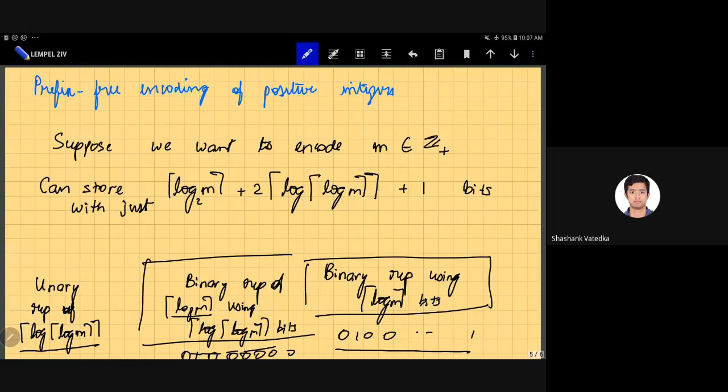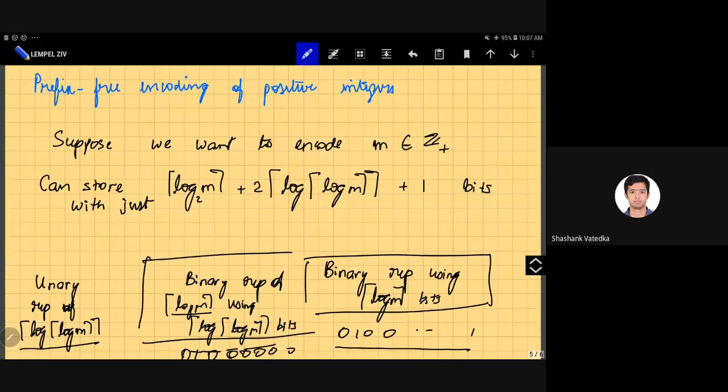Okay, so our goal now is to design a prefix-free code for the set of positive integers. Now this has been studied for a long time, and there are different encodings, each of which is optimal in certain scenarios. I don't claim that the following scheme is optimal.